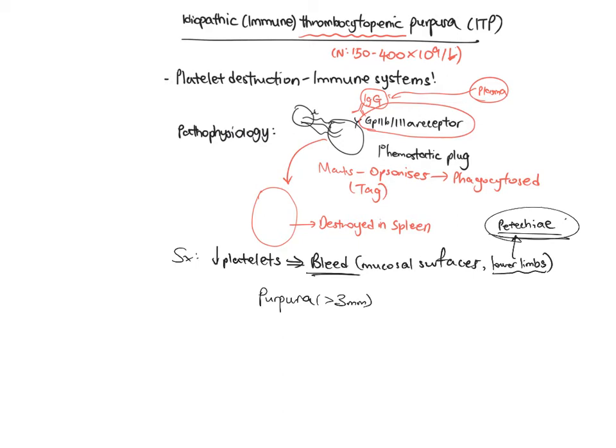Whereas petechiae tend to be more pinprick and less than 3 millimeters. And as a result of this bleeding, patients also tend to bruise easily, or what we call ecchymosis.